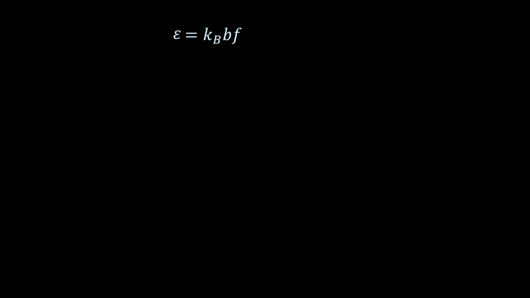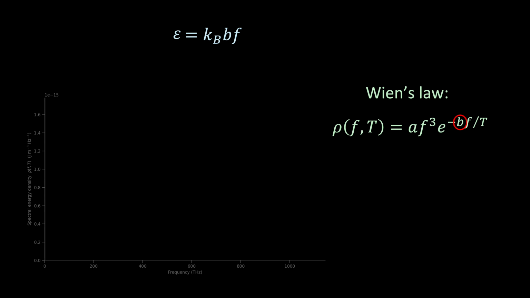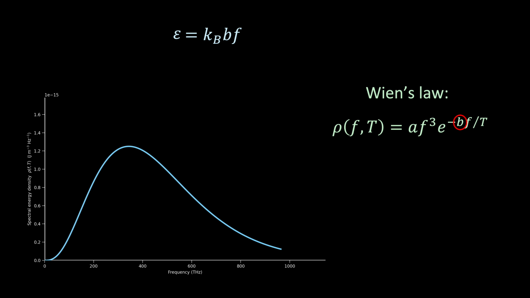Now, in its current form, this may not look familiar, but there is one last trick we can use. If you recall, we started from Wien's law, which contained the unspecified constant B. Now, it turns out that we can actually specify this constant by comparing where the Wien law overlaps with the Planck law at high frequency.